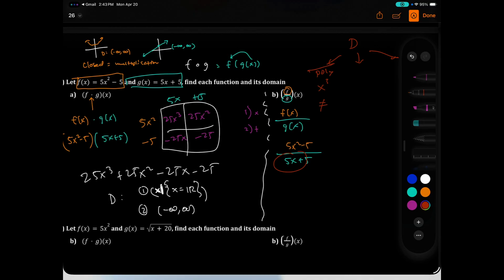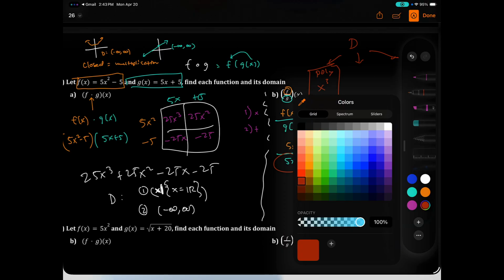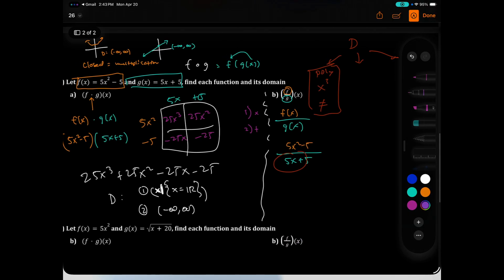That's one condition, okay? The other condition is, let's just say you have a square root in the denominator. That one just says that the number has to be greater than 0. Greater than 0 is one of those conditions.